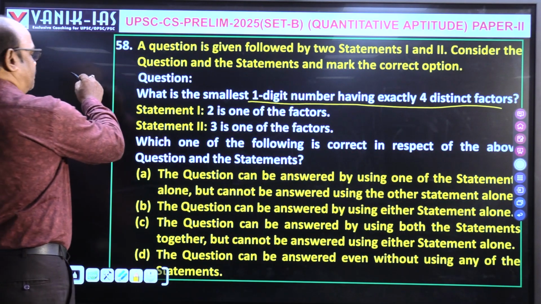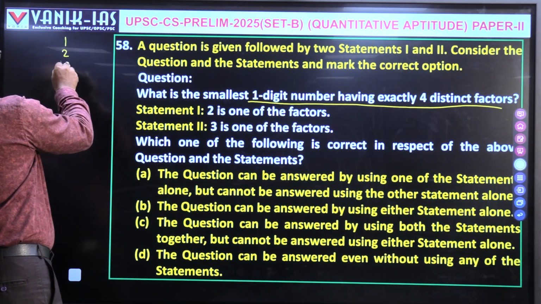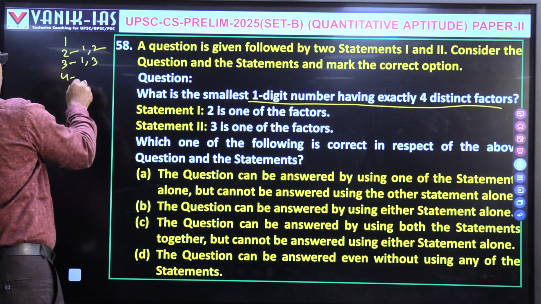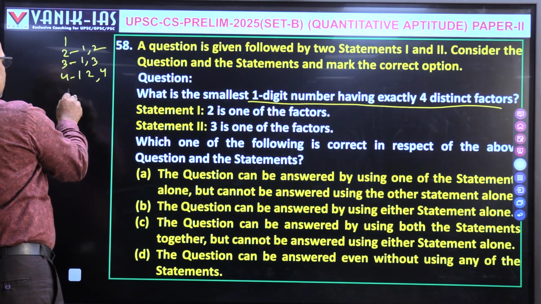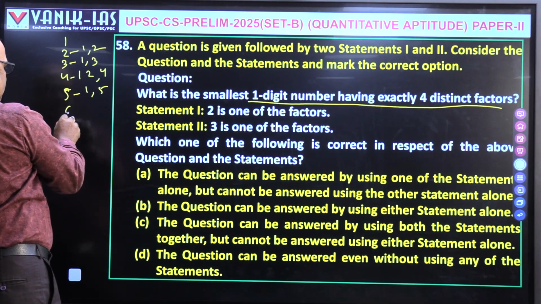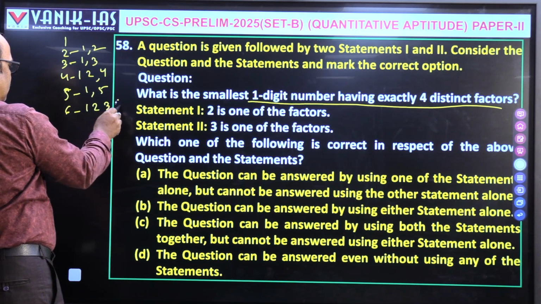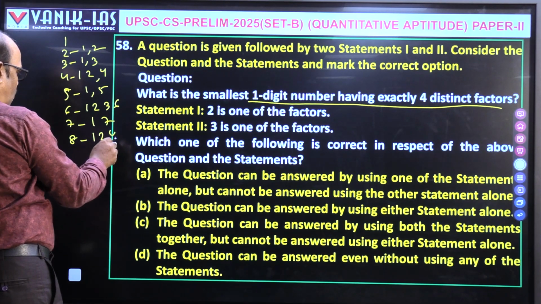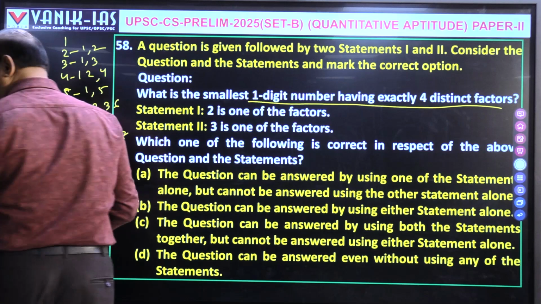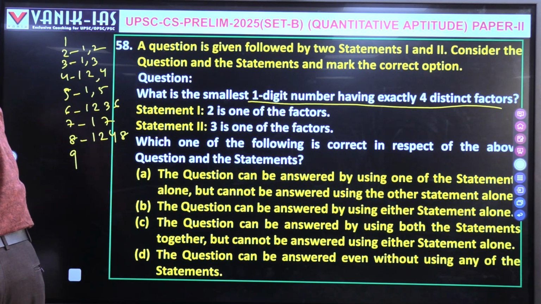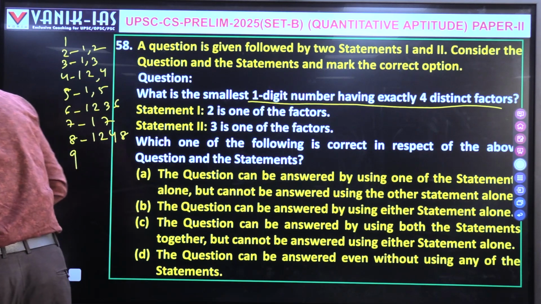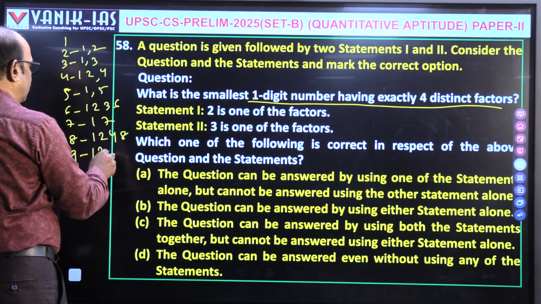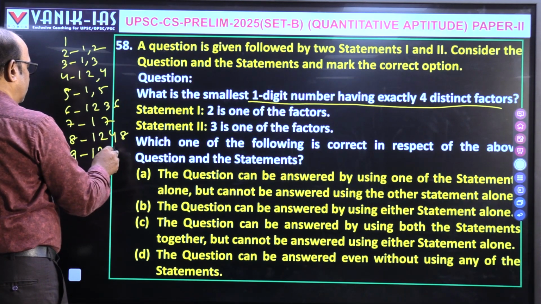It is starting from 1. 1 has only one factor, 2 has only two factors, 3 has 2 factors, 1 and 3, 4 has 1, 2 and 4, and 5 has 1 and 5, 6 has 1, 2, 3, 6, 7 has 1 and 7, 8 has 1, 2, 4 and 8, 9 has 1, 3, 9.